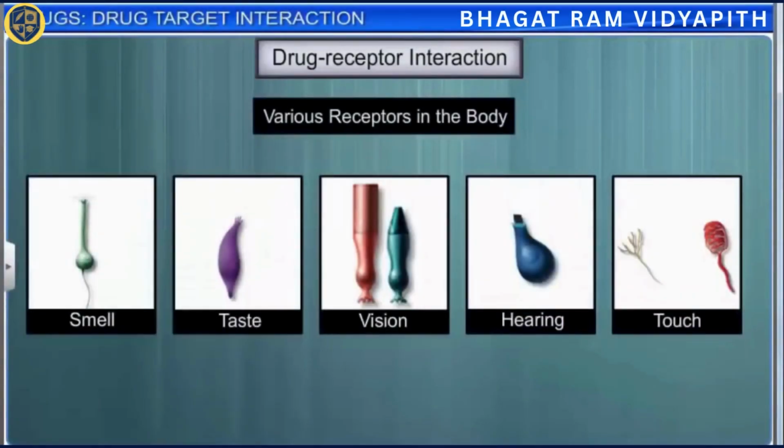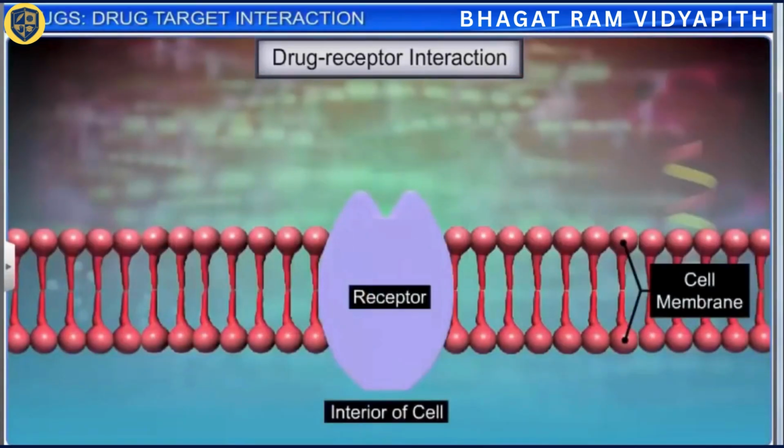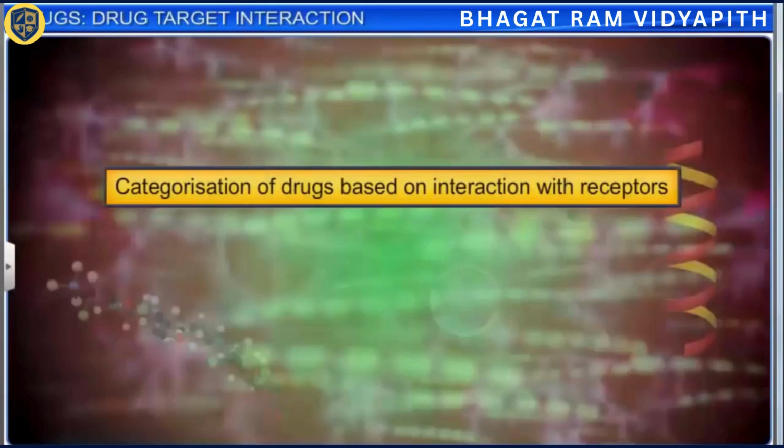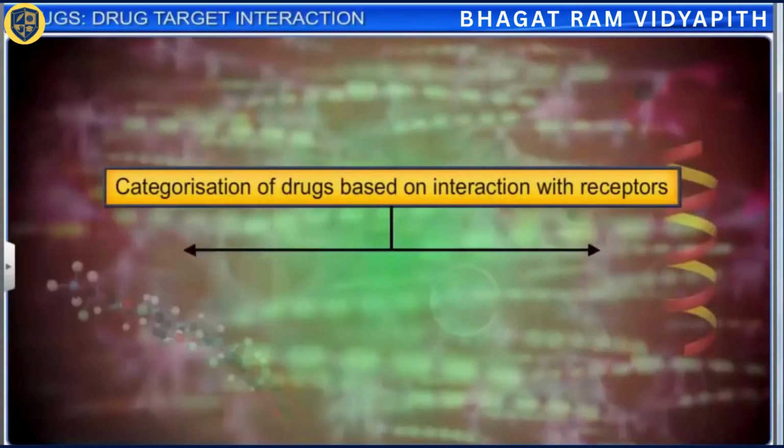Each receptor shows selectivity for one chemical messenger over another. This is because the binding site of each receptor has a different shape, structure, and amino acid composition. Based on the interaction with receptors, drugs can be categorized into antagonists and agonists.